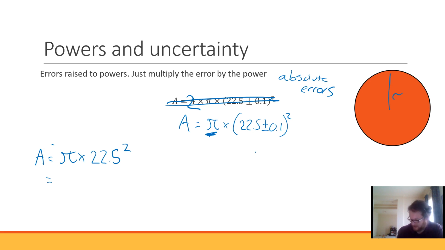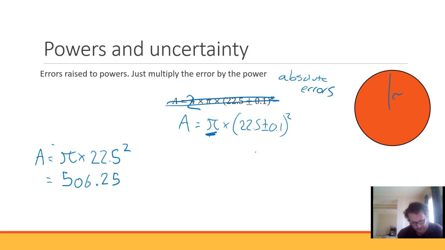Let's do that in the handy dandy calculator. 3.14 times 22.5 squared, 506.25. Did anyone else get that? No, I've got no one to actually ask because I'm talking to myself.